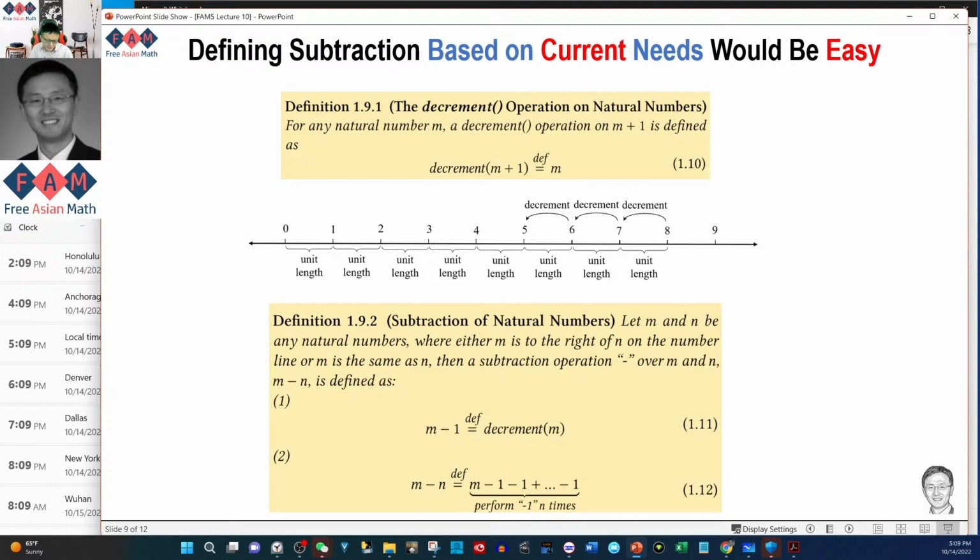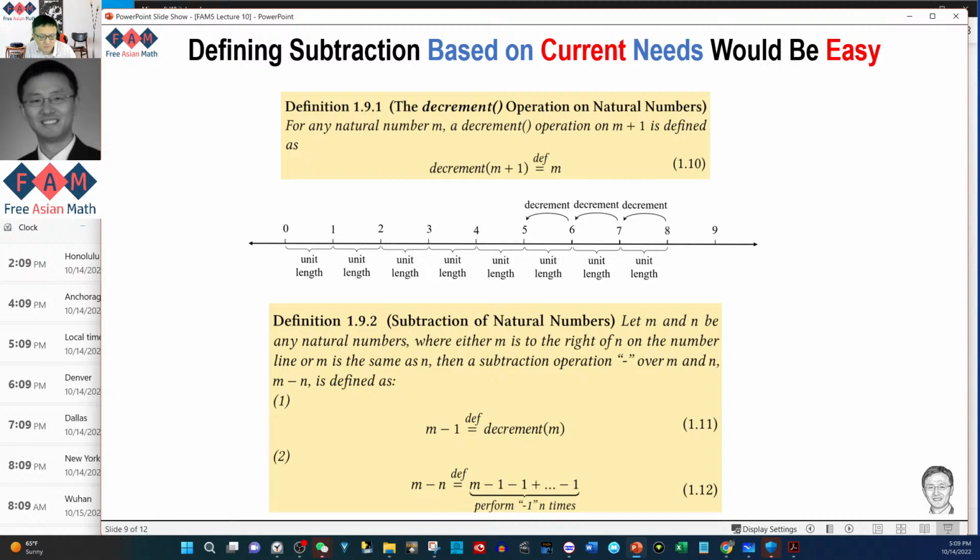But this is a preview of that. If m is to the right of n, meaning that m is larger than n, or m and n could be the same number. So either m is to the right of n on the number line, or m is the same as n.